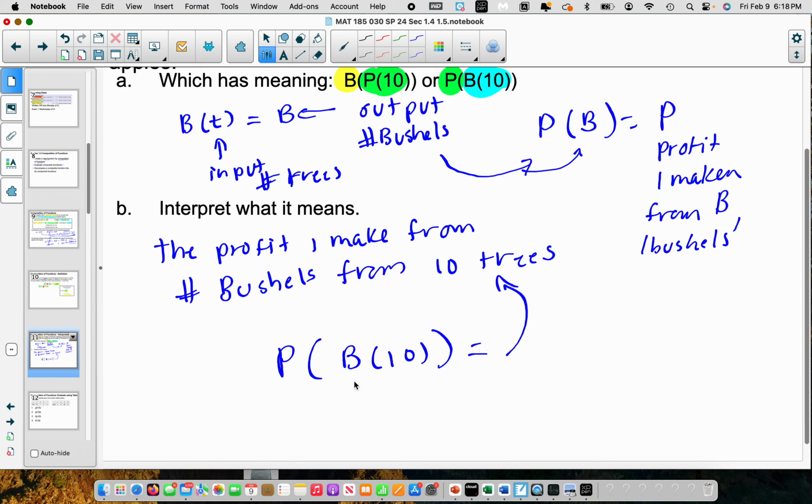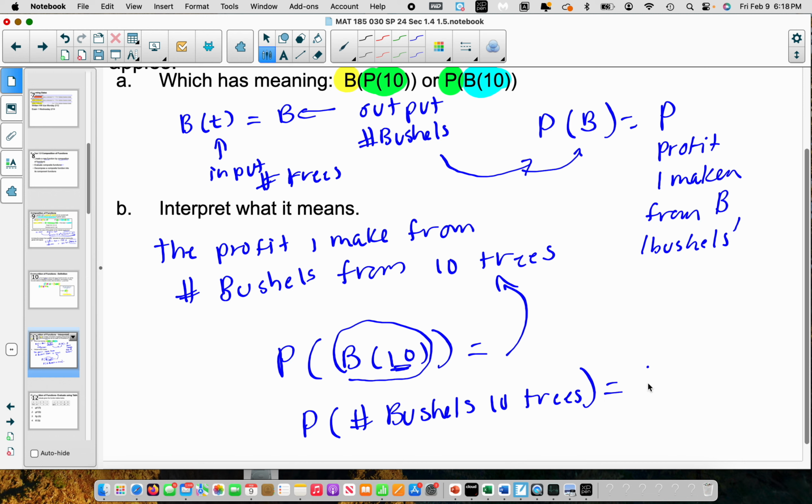So B of 10 is the number of bushels I harvest from 10 trees. Then I input the number of bushels from 10 trees into P, and when I evaluate that, I get the profit from 10 trees.